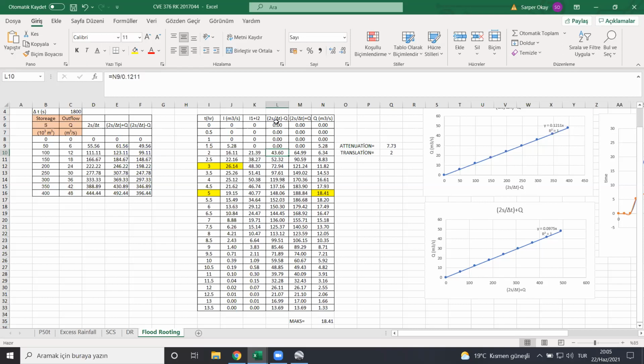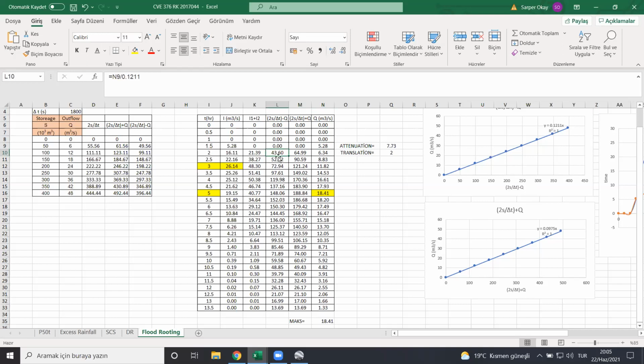And for this minus Q part for this column, let's say you want to calculate this 2S divided by delta T minus Q value for the second row.